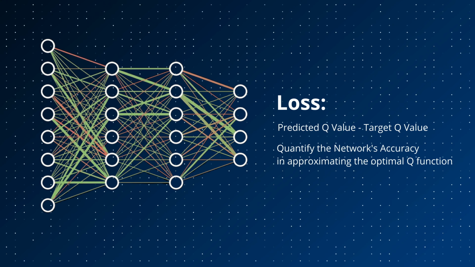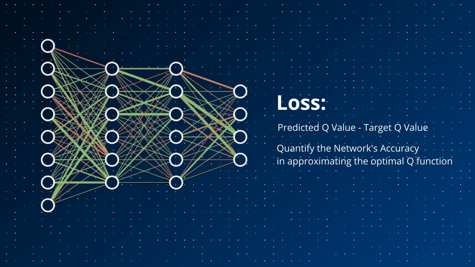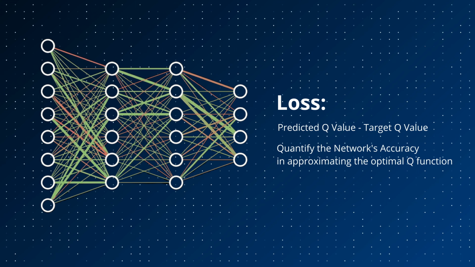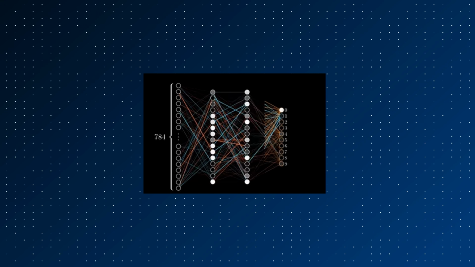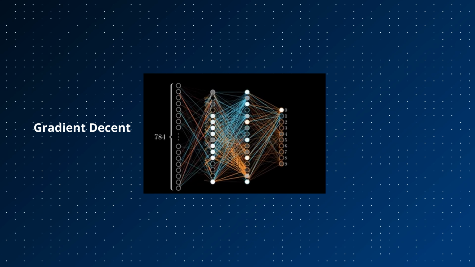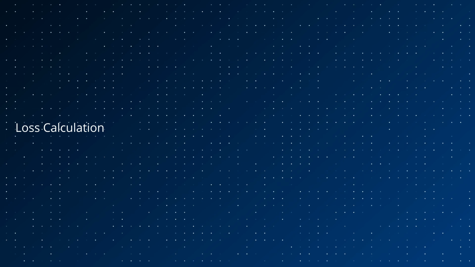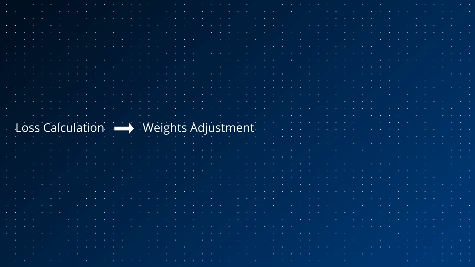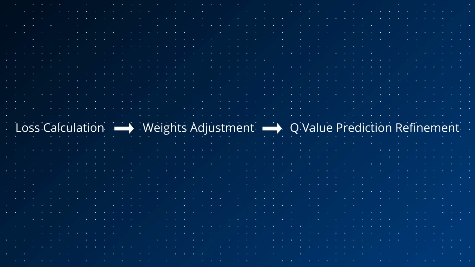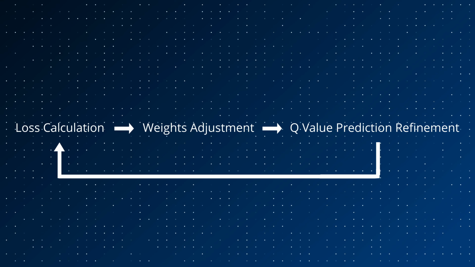The loss helps us to quantify the network's accuracy in approximating the optimal Q function. Once the loss is calculated, we adjust the network's weights using methods like stochastic gradient descent and backpropagation.